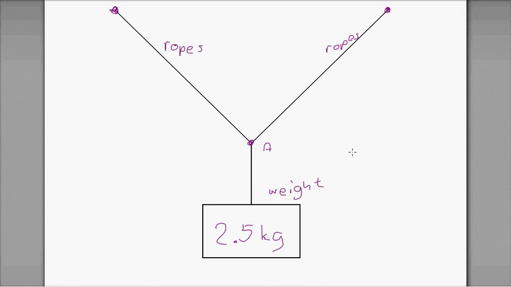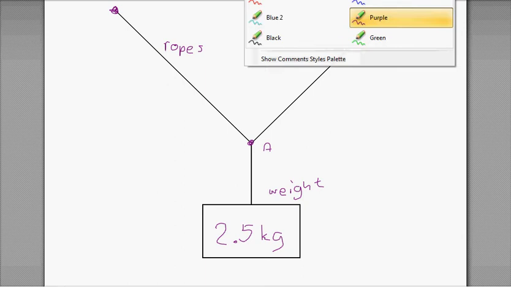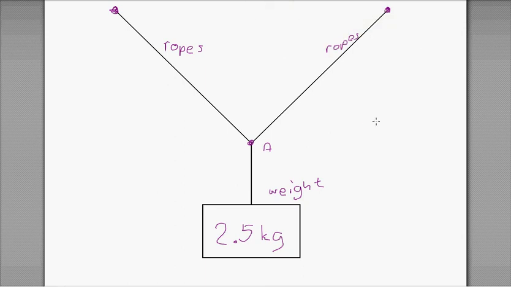Well, we assume that this whole thing is stationary, and that's going to tell us something extremely, extremely important. Once again, if anything is stationary, it's going to be at equilibrium. Now, you should know that for equilibrium, F net, which is the sum of all the forces, equals 0.